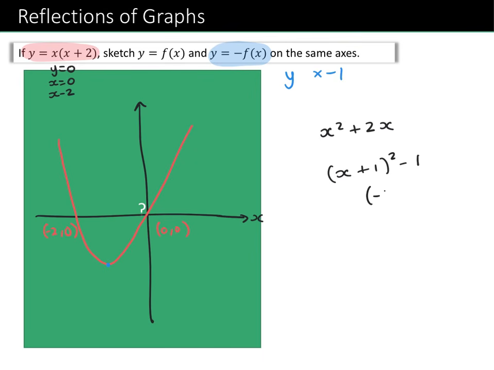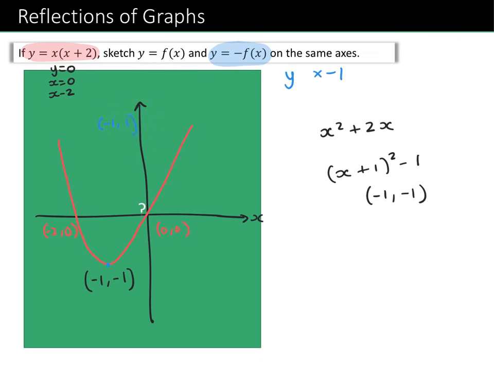My coordinate is minus 1, which makes sense. This would be minus 1, wouldn't it? Now I need to multiply my y values by minus 1. So my new y coordinate is in fact going to be 1.